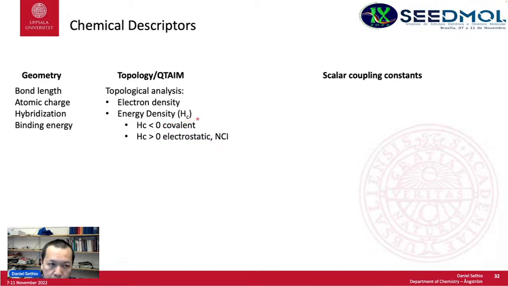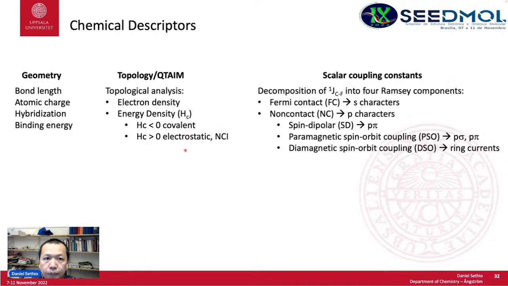The energy density is used to classify the covalency of the bond. If it is negative, we can classify it as covalent bonding, while if the energy density at the bond critical point is positive, we can classify it as electrostatic or non-covalent interaction.